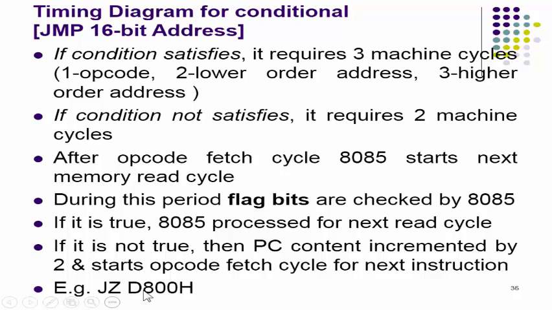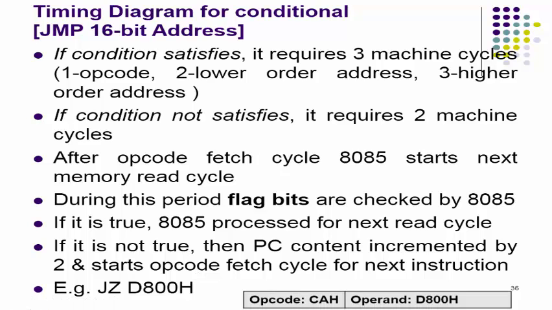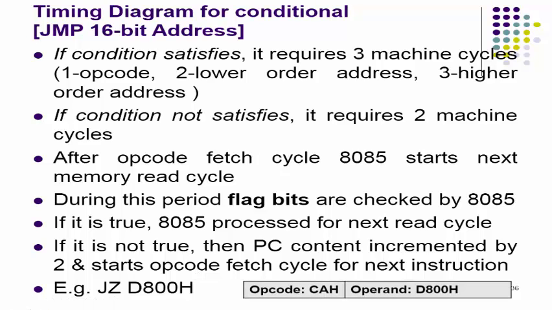If the condition fails, that is, if the zero flag is equal to 0, then it will skip this JZ instruction by incrementing the program counter by 2. Why 2? Because of the 2 bytes: this is 1 byte and another 1 byte for this D8.